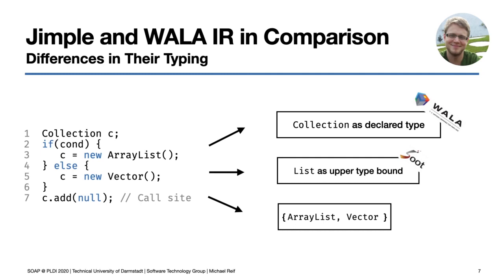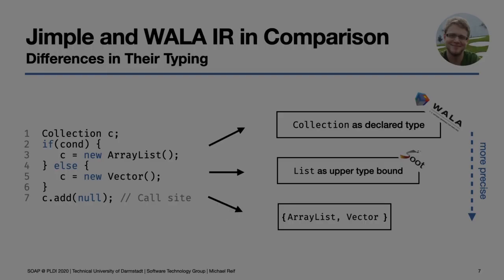So in a class hierarchy analysis case, only all subtypes of list would be considered there. But optimally, we would like to have the information available that c can either be an array list or a vector, because those are the only types that are assigned to c.